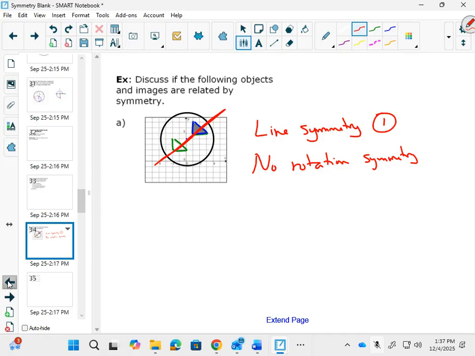Second one. Do you have to use that line? I'm thinking I wouldn't use it. I'm thinking if I rotate around that dot, it would match up. I'm going to just do a check.